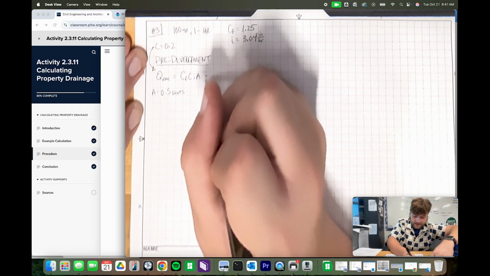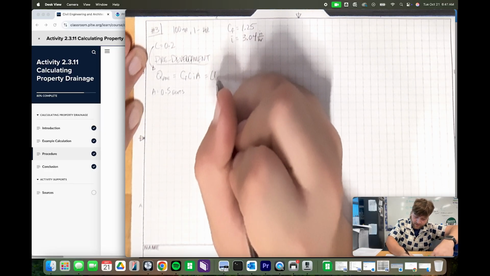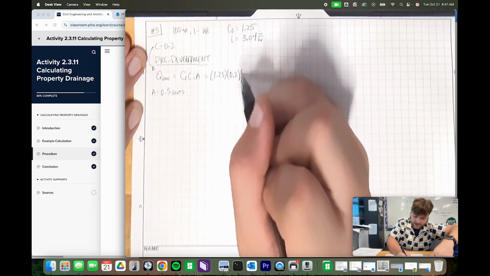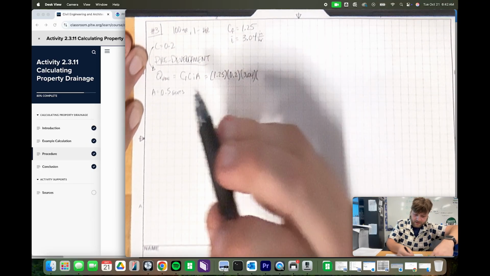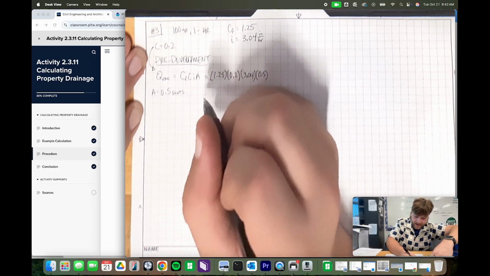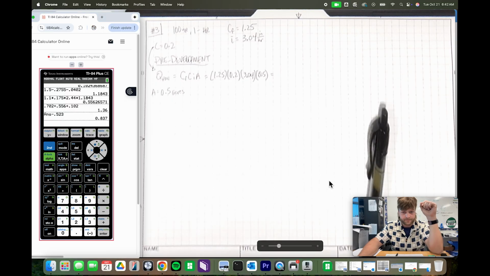And so now what we can do is basically punch in all these numbers, right? So we've got 1.25, and then we multiply that by C, which is 0.2. Then we multiply that by I, which is 3.04. Then we multiply that finally by our area, which is 0.5. Let's go ahead and get the good old TI-84 emulator.